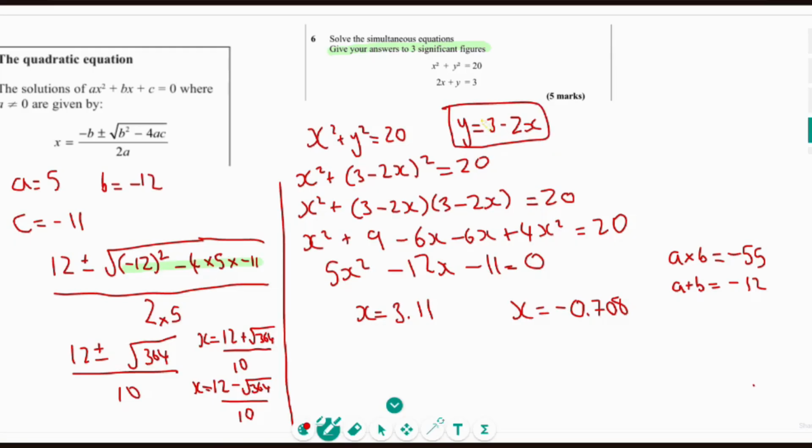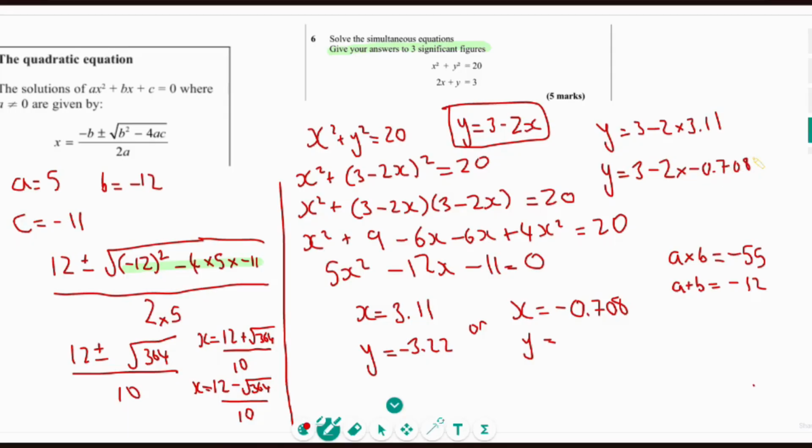Substitute back into this equation. 0.42.